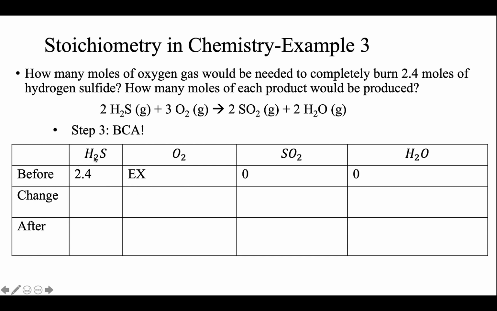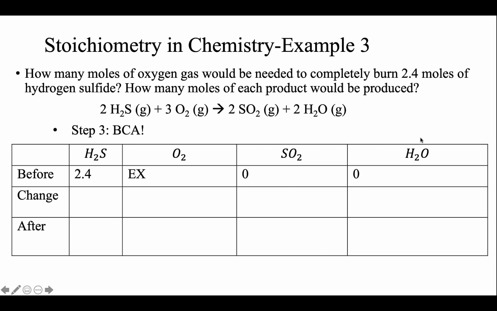Okay, so we are going to list out all our reagents as well as our products in this table. And before the reaction, we will have 2.4 moles of hydrogen sulfide as stated by the question. And we are also going to assume that there's an excess amount of oxygen gas.